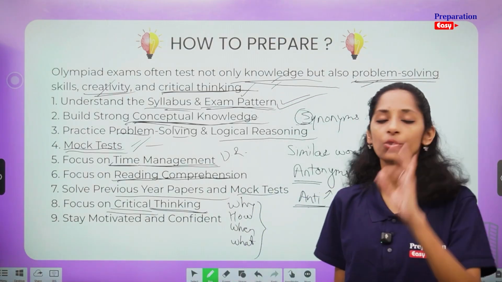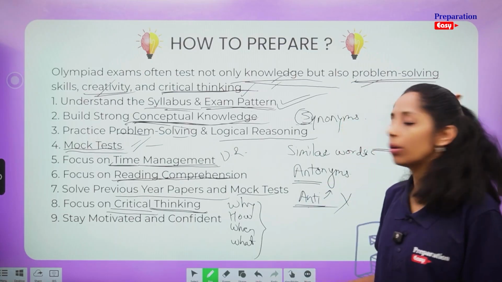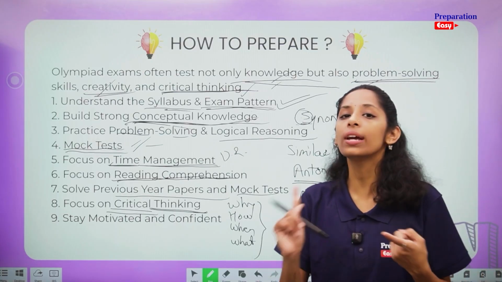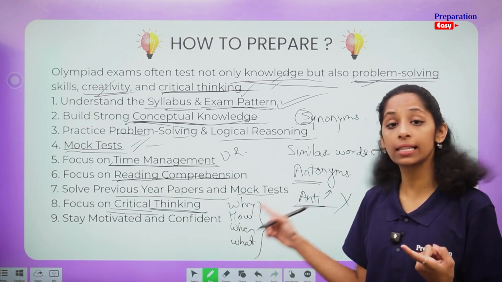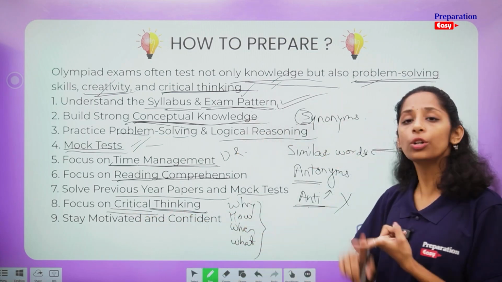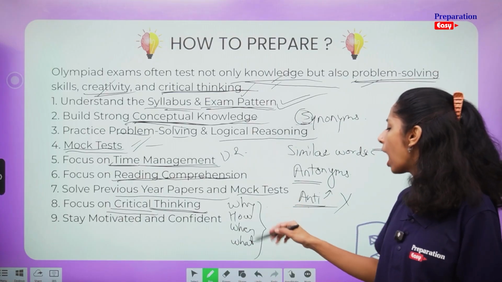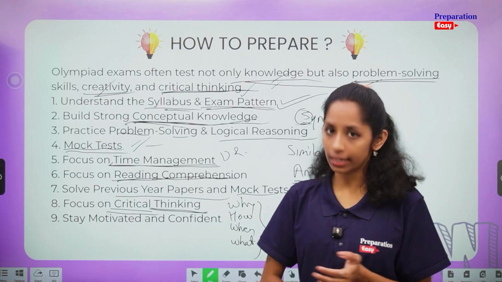We are not going to read, just understand and directly respond. No, while preparing for the exam, not while solving the question, we are going to start our critical thinking. So we are going to ask questions like why, how, when, what, etc. to understand the given text.